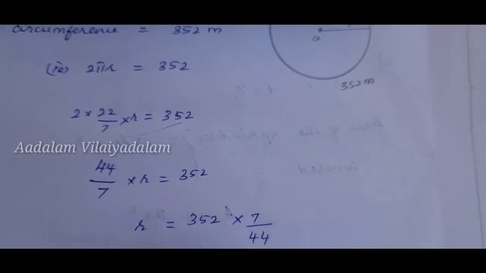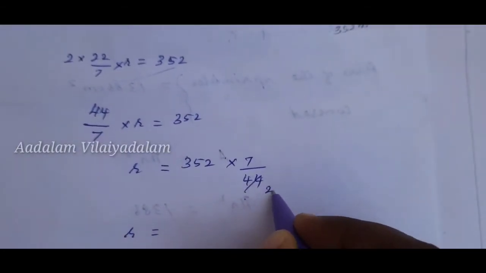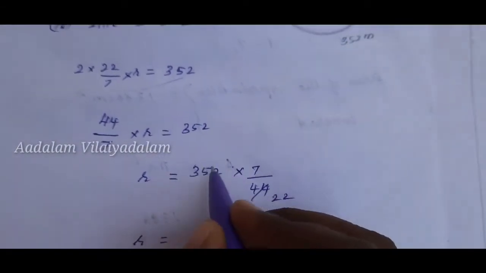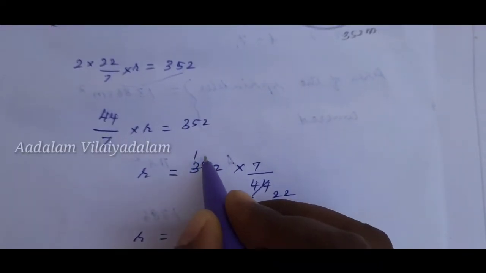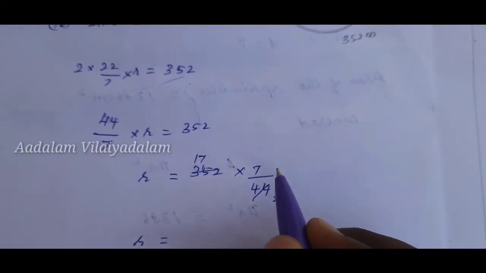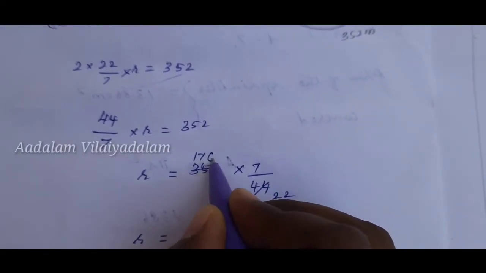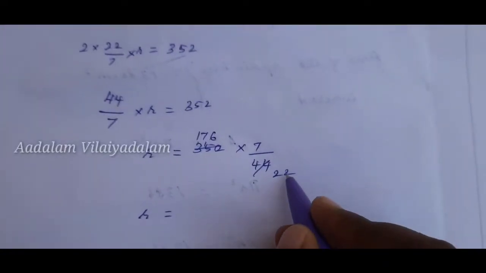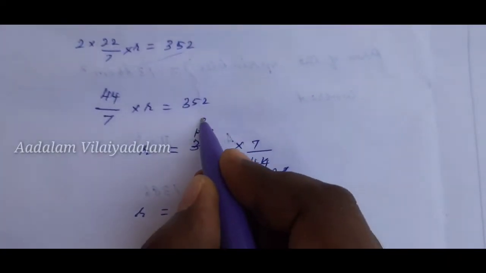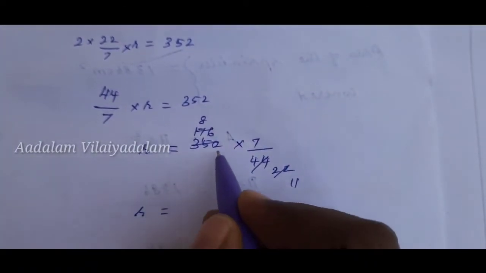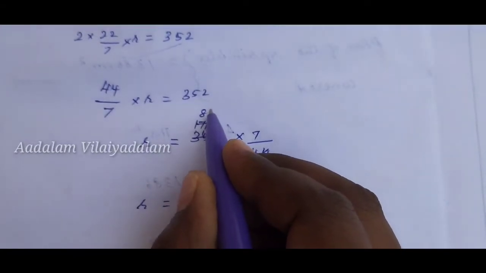Now cancelling those values, by 2 table 22 we will get 11.